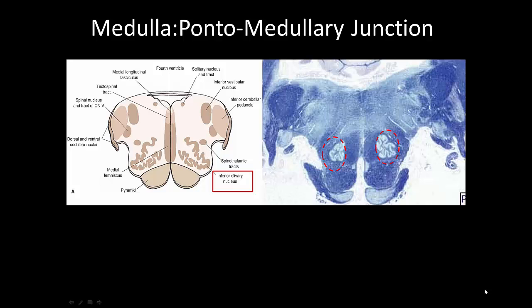Now on the posterior lateral surface of the inferior olivary nuclei lies this tract of ascending and descending fibers that's referred to as the central tegmental tract. It contains ascending fibers that were traveling from the solitary nuclei that we saw in the previous section, and they're going to be ascending to the thalamus.